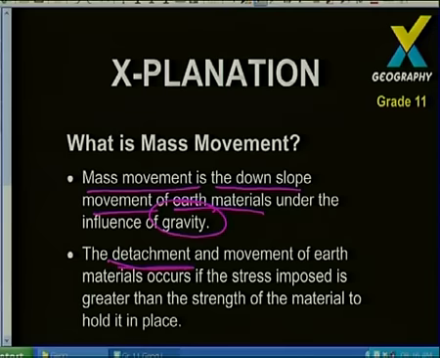It can also be described as the detachment and movement of earth material that occurs if the stress imposed is greater than the strength of the material to hold it in place. In wet regions especially, where there is a lot of rainfall, this type of movement occurs where soil breaks away from its parent rocks.